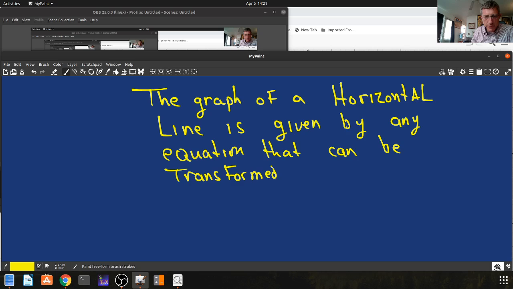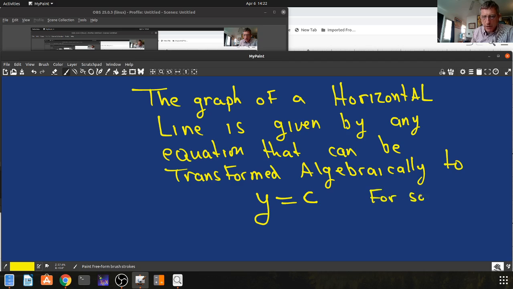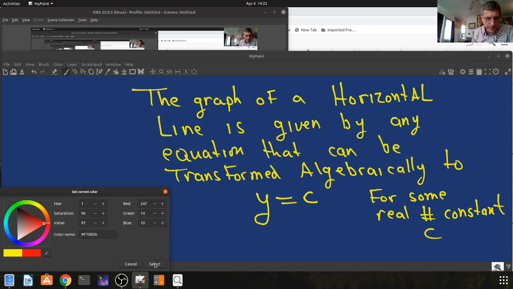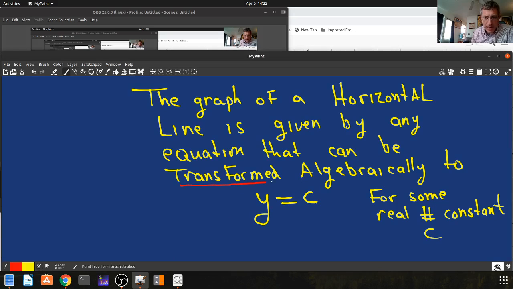Now I'll give you an example of what I'm saying right here. So what do I mean by this phrase, transformed algebraically?